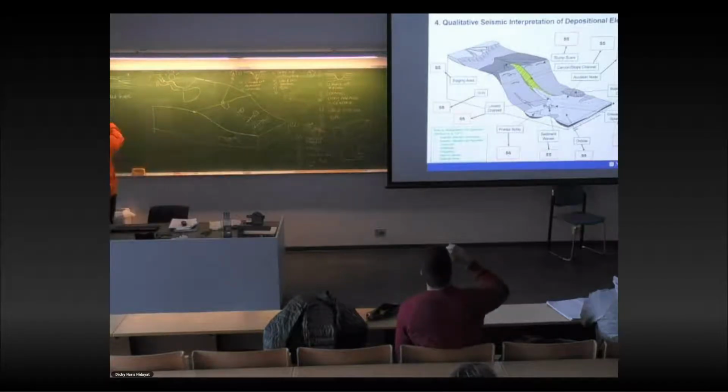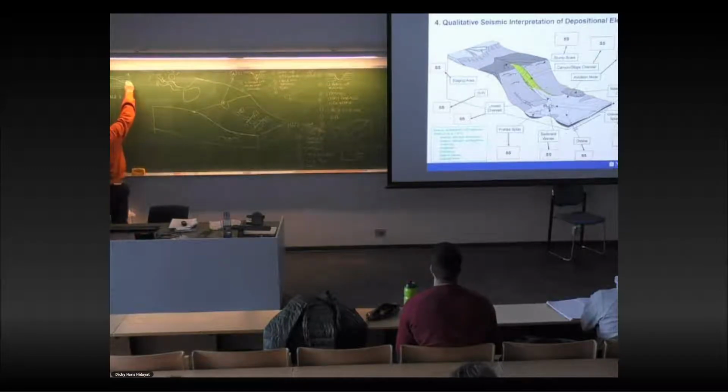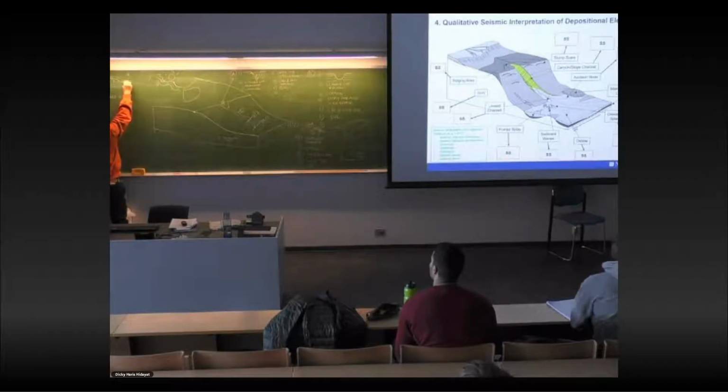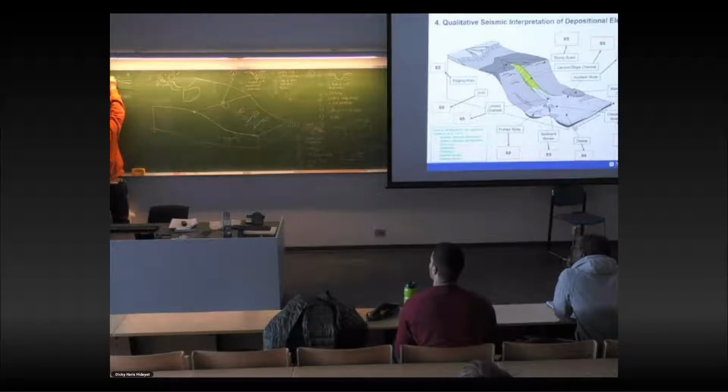And the number 3 is continuity. Continuity of this surface here is usually continuous, but inside here sometimes it's not continuous. Because remember the turbidity current: when the turbidity current stops, then you have this layer here deposited, and this is continuous, but inside is not continuous.